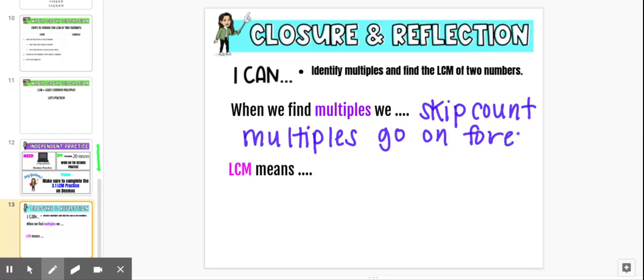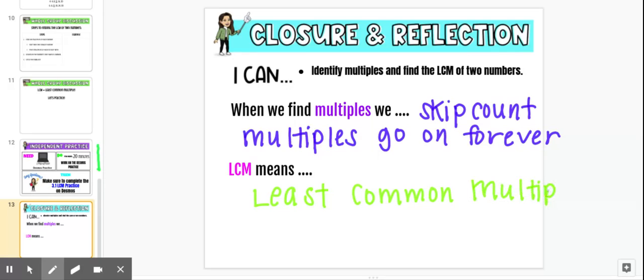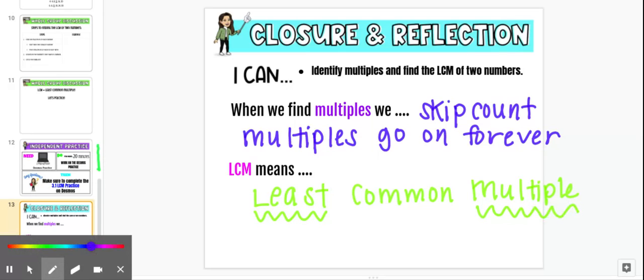So if I gave you a homework assignment of saying find all the multiples of 10, you would never ever finish. Okay? And LCM means least common multiple. So you can do the LCM of 2 or more numbers. Okay, so just remember least, the smallest one, and multiples, which sounds like multiply.